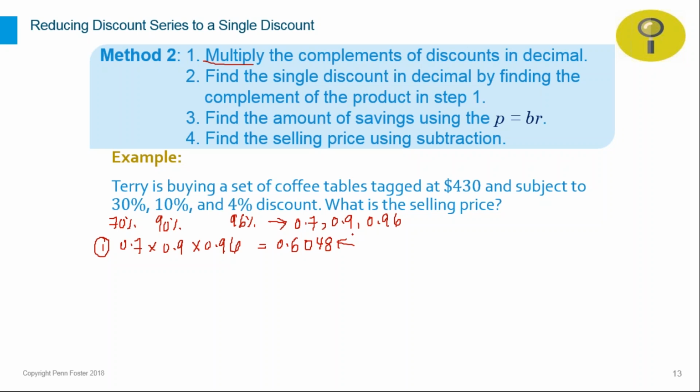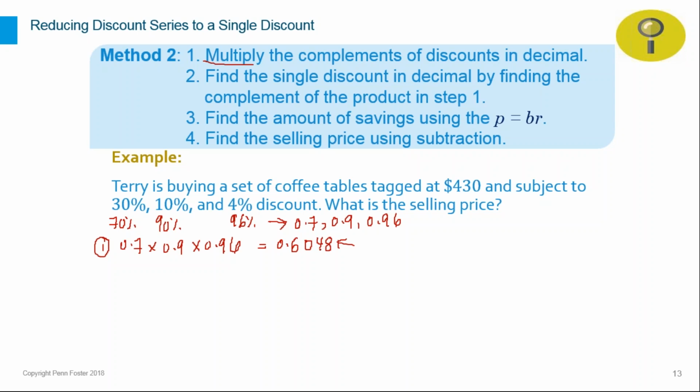This number represents the selling price percent in decimal with the three discounts combined. Okay, so that is the selling price portion of the tag price. So I can think of that number as 60.48% of the tag price would be our selling price.